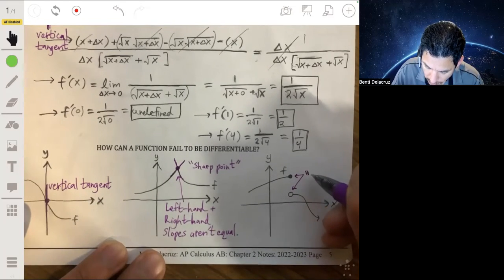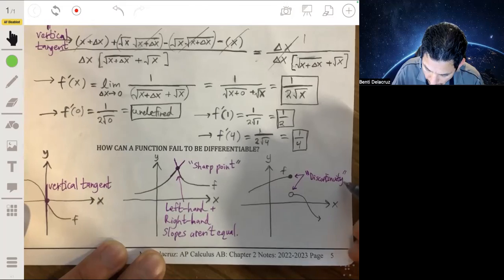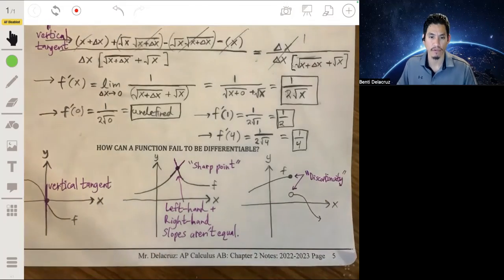We have discontinuity here. Discontinuity. All right, I put the word in there.